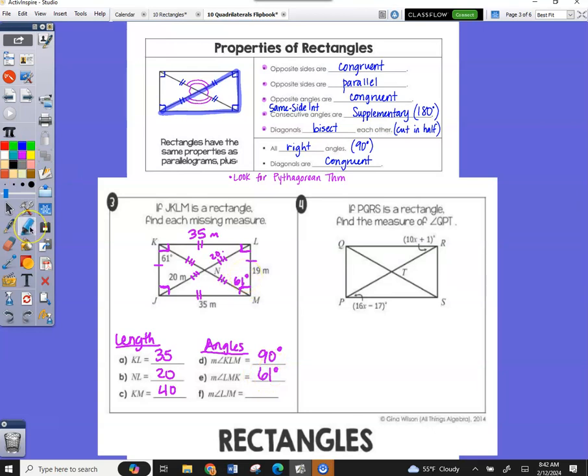Now it says LJM. LJM. Which would be this corner here. Or not corner, but this part here. Well, what do I know the corner measures, y'all? The corner's 90.